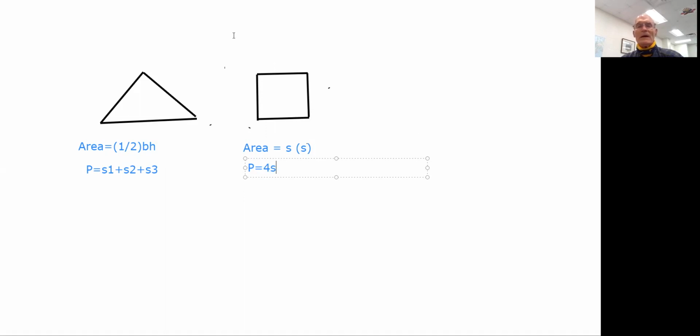And then if we get into a rectangle, which is like this, then we go across like this. Now the only difference between a square and a rectangle is that the square has all four sides the same. The rectangle has two sides equal and the other two sides equal.